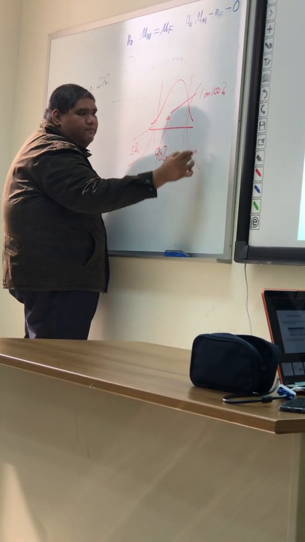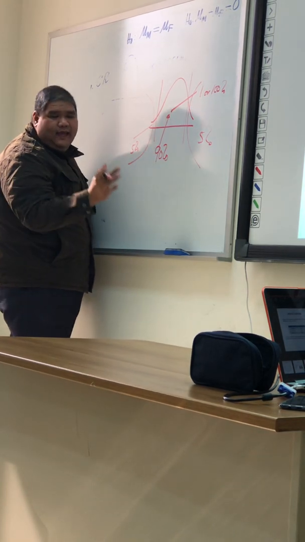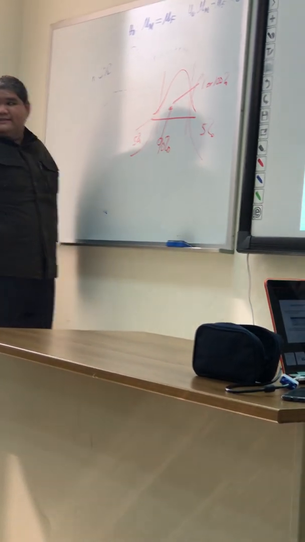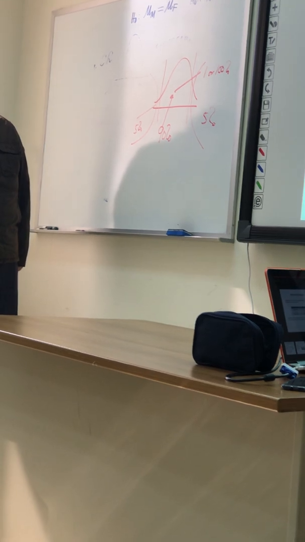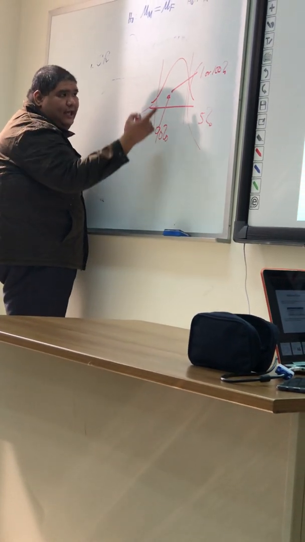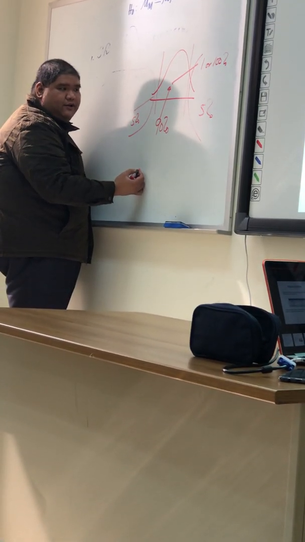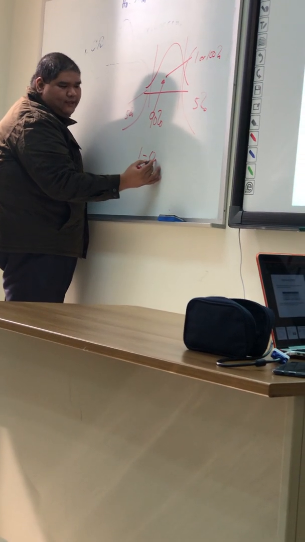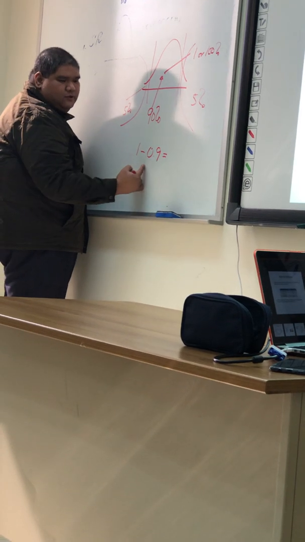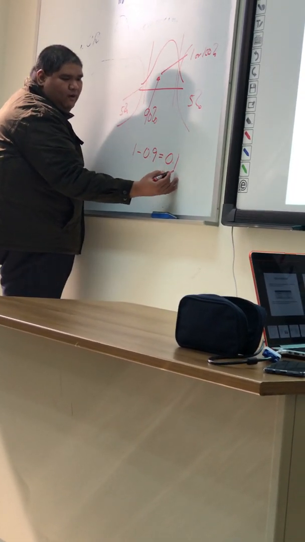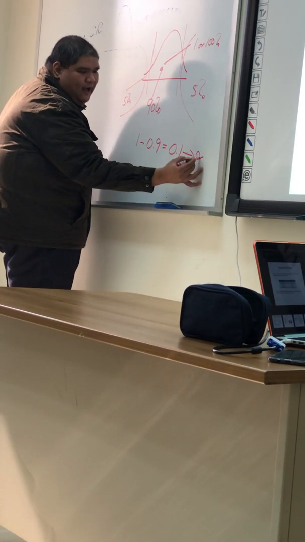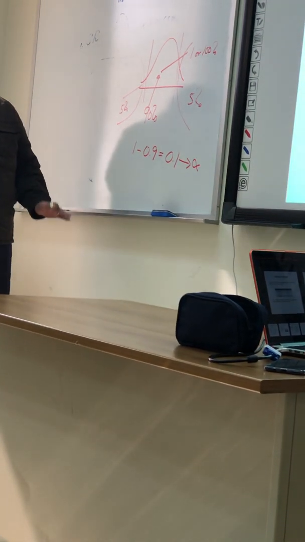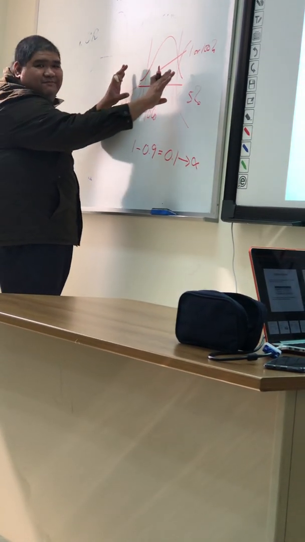I will remove 5%. And so what is in the middle is 90%. Okay? Therefore, 1 minus 0.9 is equal to 0.1. This is your alpha, the error that you are willing to forgive.